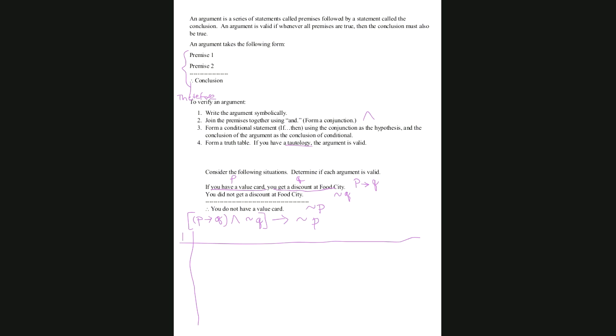So I need a P, I need a Q. In my arguments, I need a not P, I need a not Q, I need an if P then Q, I need an if P then Q and not Q, and finally I need this whole thing, if P then Q and not Q, then not P. Sorry about my writing with this mouse.